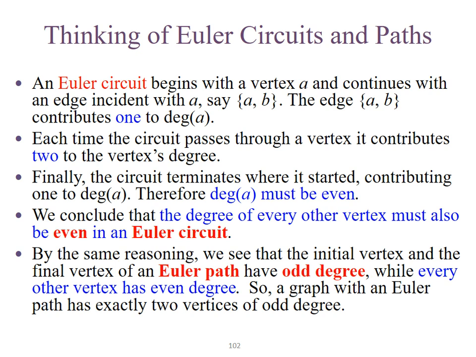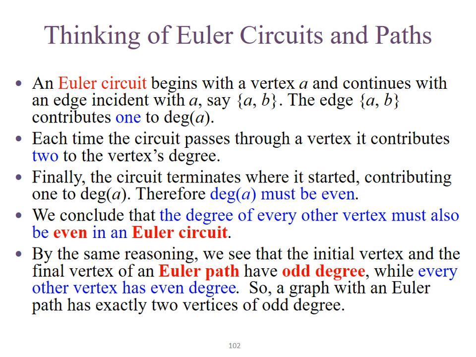So in this case, we can draw a conclusion: the degree of A must be even if we need to discover the Euler circuit. Then along the path, every other vertex must also have even degree in an Euler circuit.